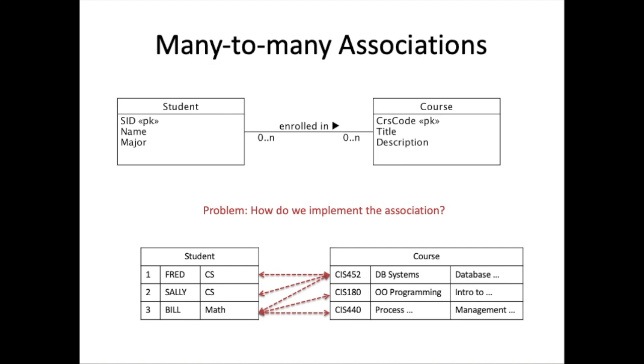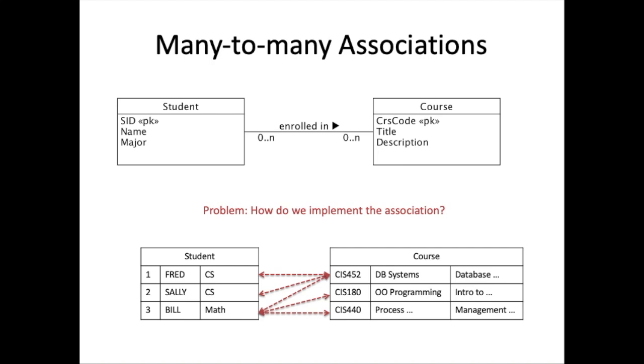So if with each student, instead of storing the course information with it, we store just the primary key of the course, there's still a problem, right? Because, let's say, actually, I'll be more realistic. If Bill is taking 3 courses, it doesn't matter whether I store the whole course record or just the primary key for it.